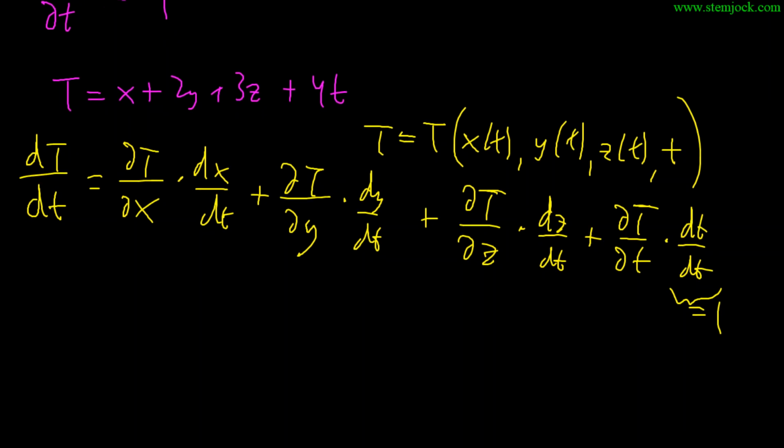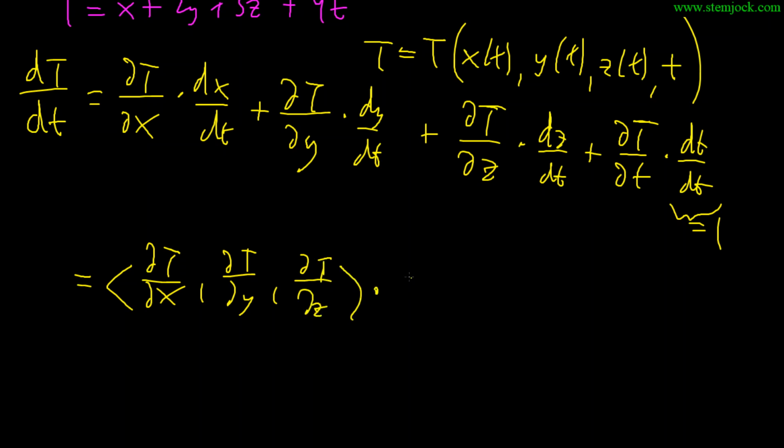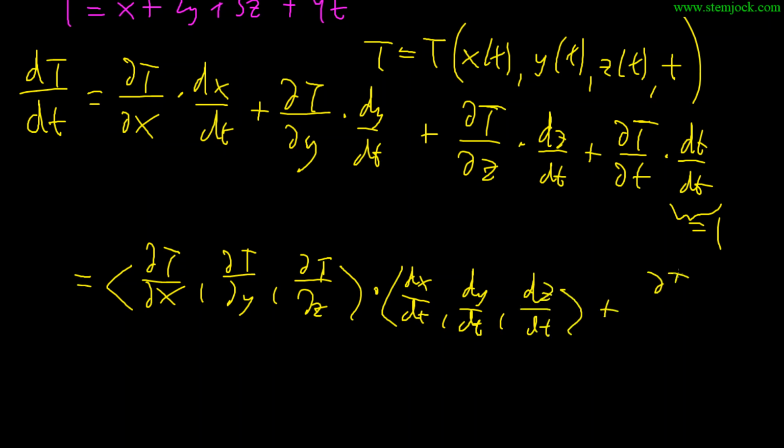So these first three terms can be interpreted as the dot product of two vectors. One is the gradient of the temperature, partial T, partial x, partial T, partial y, partial T, partial z, and then dot it into a velocity vector, dx dt, dy dt, dz dt, and then plus partial T, partial t.